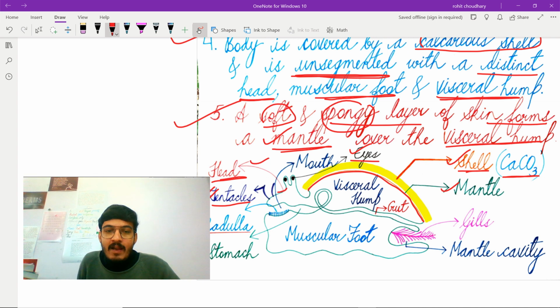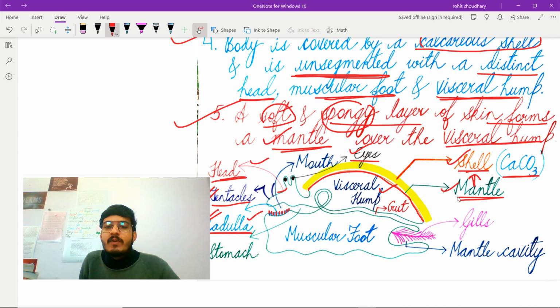This is the most unique feature of the members belonging to phylum Mollusca: the radula. Radula is a file-like rasping organ, and it consists of chitinous teeth. These are the chitinous teeth present. We can see a visceral hump as well, and above this visceral hump the mantle is present, and above this mantle the shell is present.